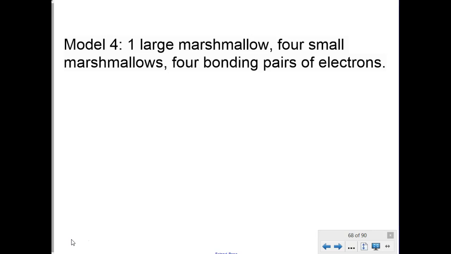Oh, it's a triangle on the bottom. Yeah. Now if I look at each bond angle, it should be approximately the same. Marshmallows aren't quite stale enough to hold the shape. Looks a little bit like the Martian lander, doesn't it?